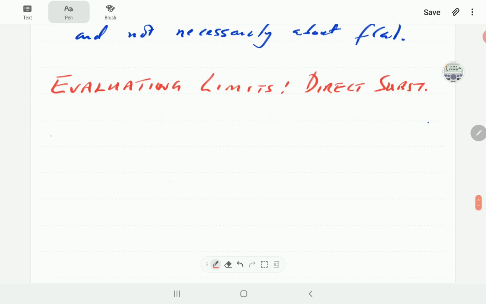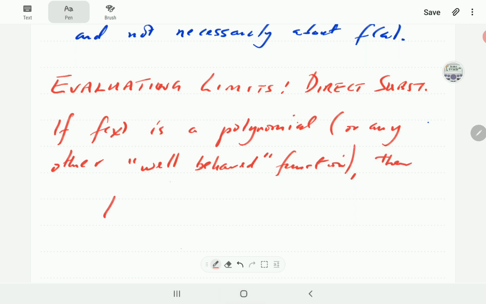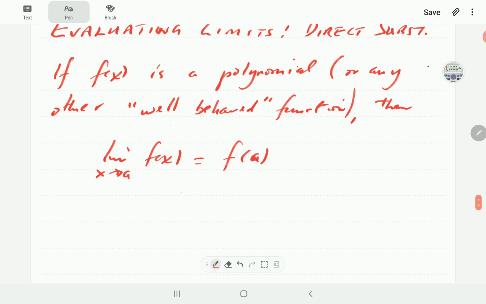So the result says if f of x is a polynomial, or any other well-behaved function, I'm going to qualify well-behaved in a moment, then the limit of f of x as x goes to a is simply the value of f at a.